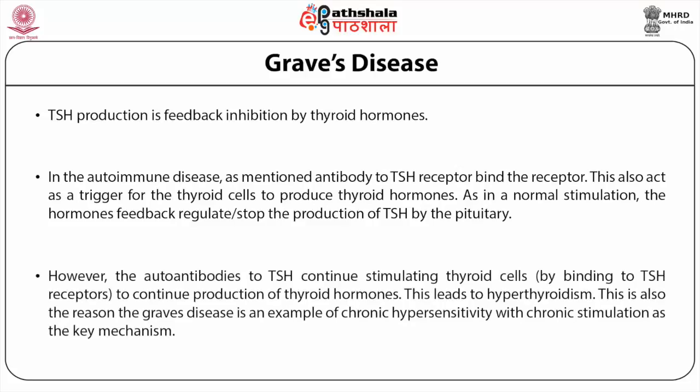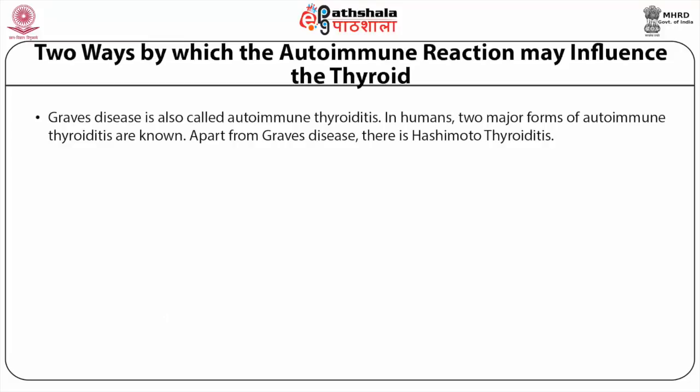However, the autoantibodies to the TSH receptor continue stimulating thyroid cells to continue production of thyroid hormones. This is also the reason why Graves' disease is an example of chronic hypersensitivity with chronic stimulation as the key mechanism. Graves' disease is also called autoimmune thyroiditis.